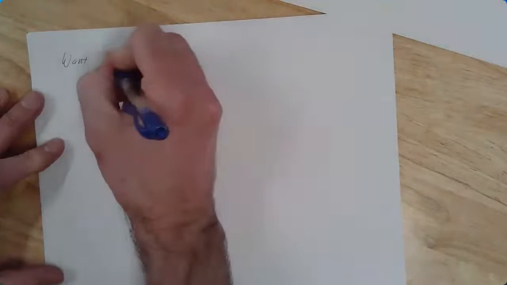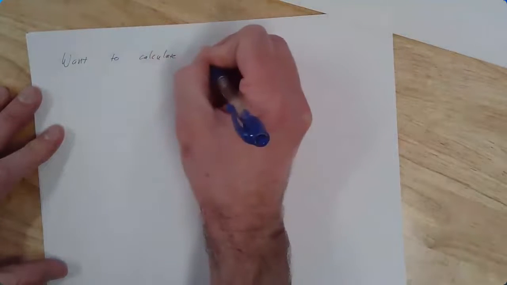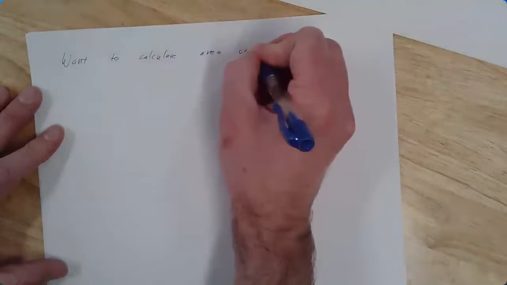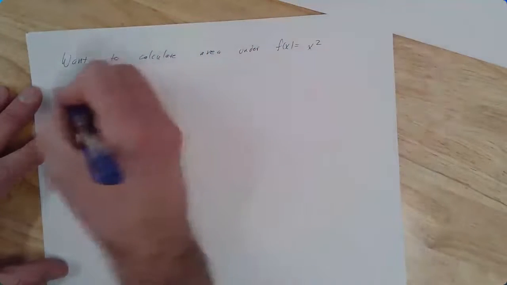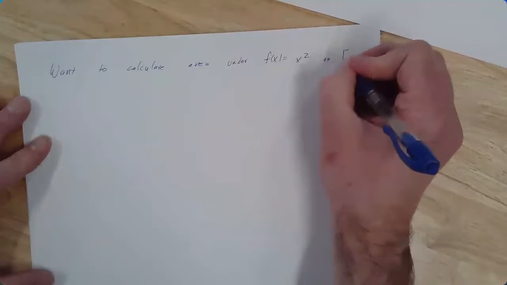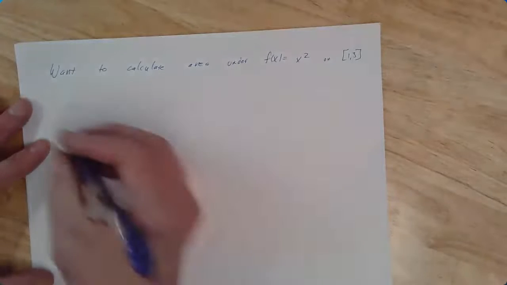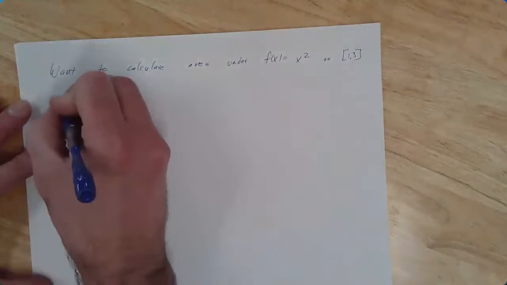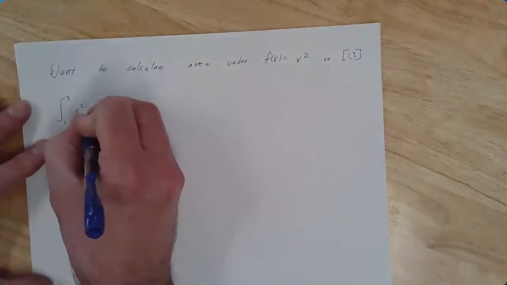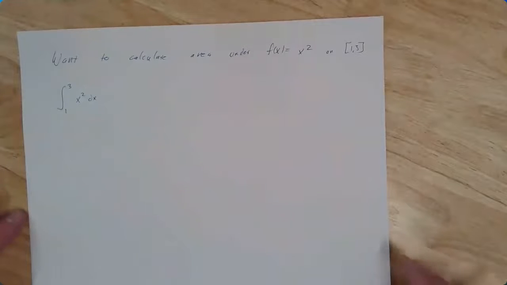We want to calculate the area under f of x equal to x squared on the interval from 1 to 3, which we are going to write as the integral from 1 to 3 of x squared dx. That is the way we notate area under a curve.